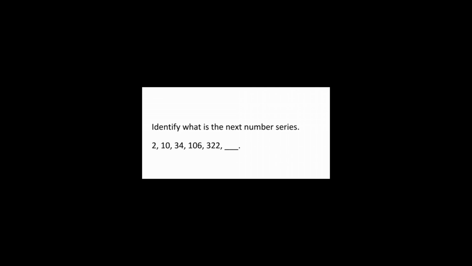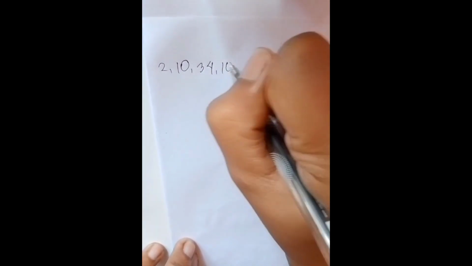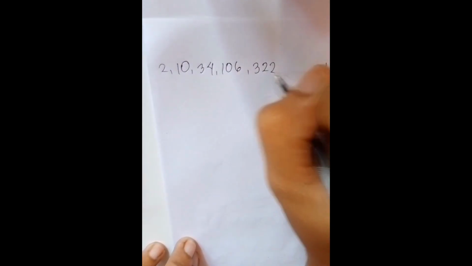To try this, identify what is the next number of the series 2, 10, 34, 106, and 322. So in this series, we need to multiply the first number by 3 and add 4.